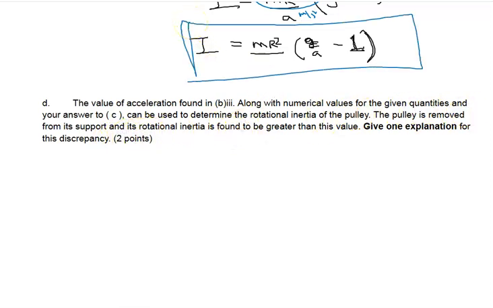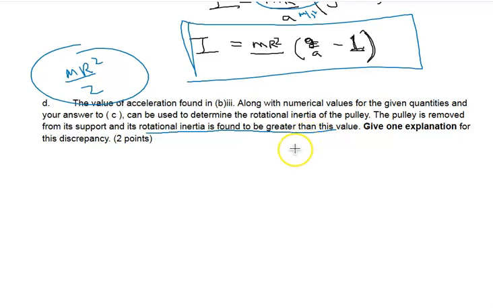So what they're saying is you could do this fake lab and you could find I. So somebody does the experiment, they make the graph, they calculate I, and then they take the pulley out and they compare that to mr squared over 2, I guess, and they found that the actual rotational inertia is bigger than the measured.